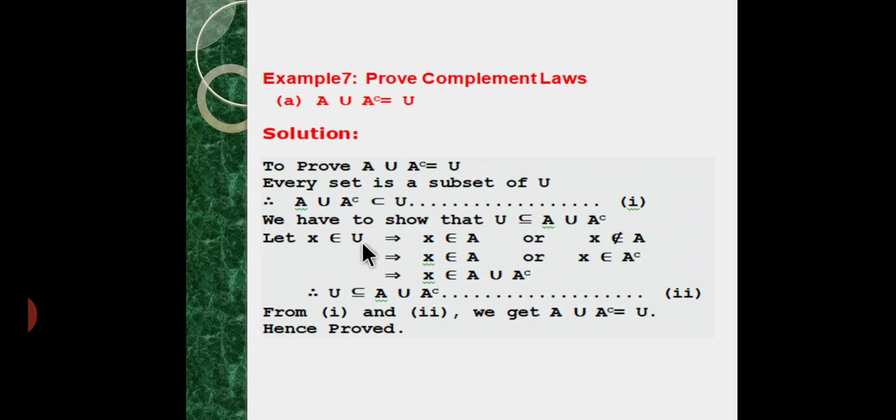So let X belong to U. So X belongs to A or X does not belong to A. X does not belong to A means that the element belongs to A complement. So X belongs to A union A complement. So U is a subset of or equal to A union A complement. Let it be equation 2. From 1 and 2 we get A union A complement is equal to U.